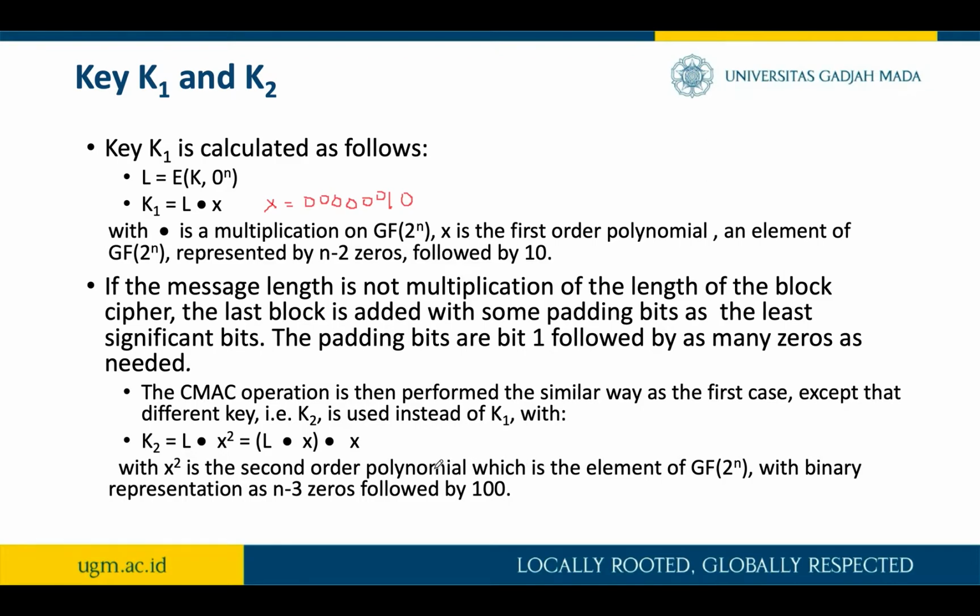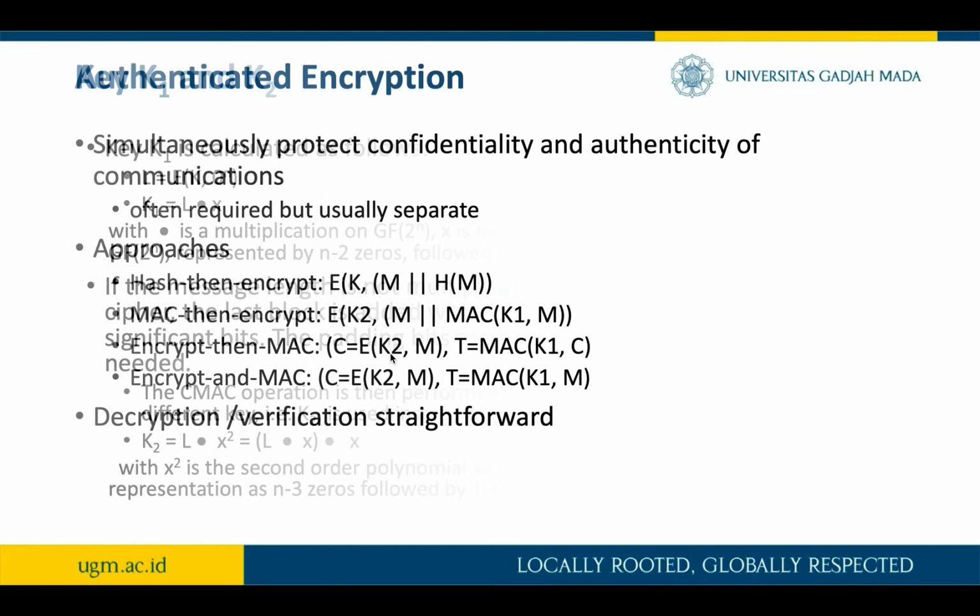X squared here is the second order polynomial, and it is an element of GF(2^n). If we don't do it one by one, then what we will get is something like this: zeros, and then 1, 0, 0. So it is just a 1-bit left shift of X. Okay, so that's K1 and K2.